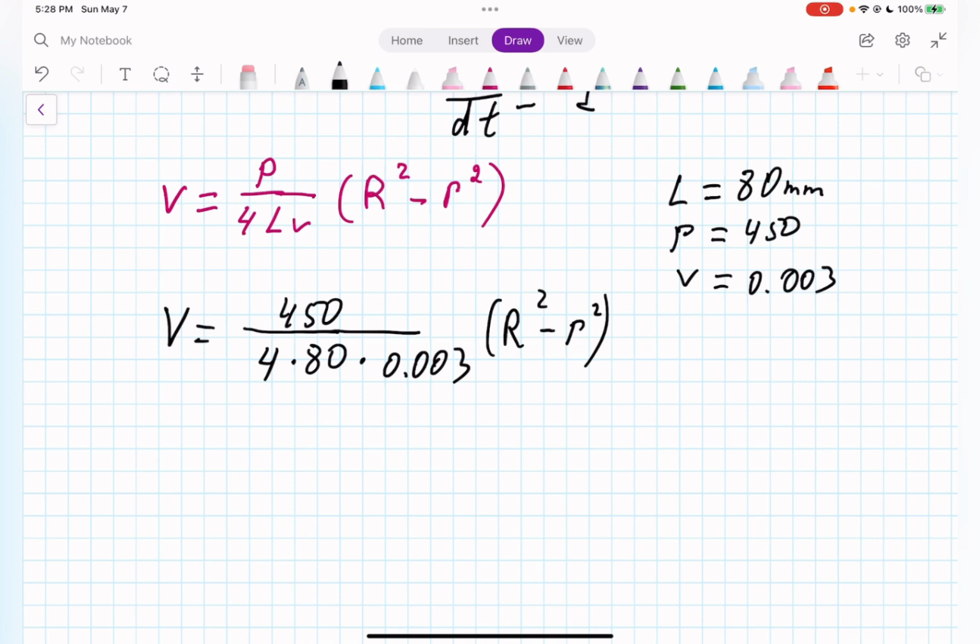From here, we are going to take the derivative because we need to find the rate of change for V. So we need to find dV by dt. All right, so let's distribute by R squared and lowercase r squared. First of all, let's do the math. 4 times 80 is 320, and times 0.003. So 3 zeros here and 1 zero there.